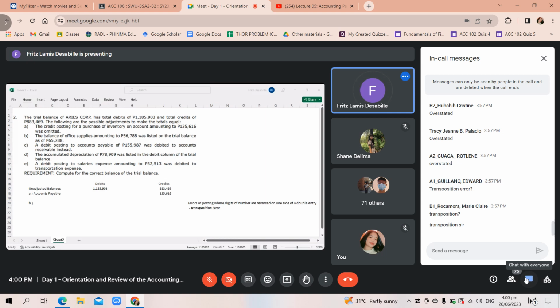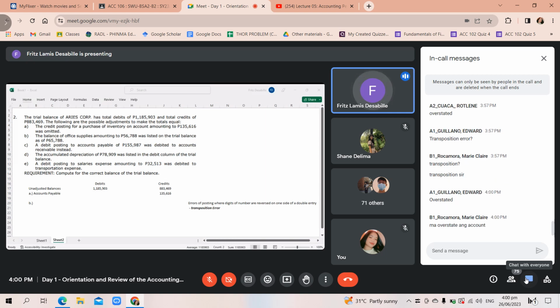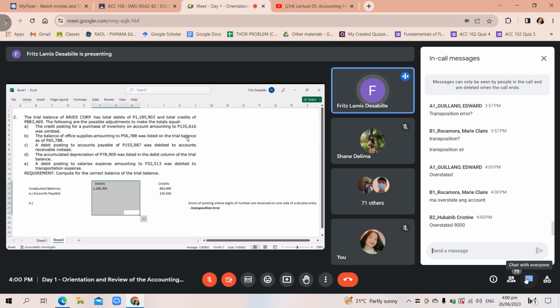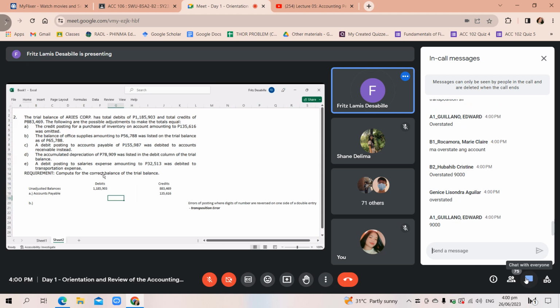Unsay result? What would happen? How much is the difference na lang for now? Ilang difference guys? 9,000. So instead nga 56, nag-overstate, correct? Na-overstate atong office supplies by 9,000. And how do we correct the overstatement of the 9,000? So what do? We deduct 9,000 from our debits.